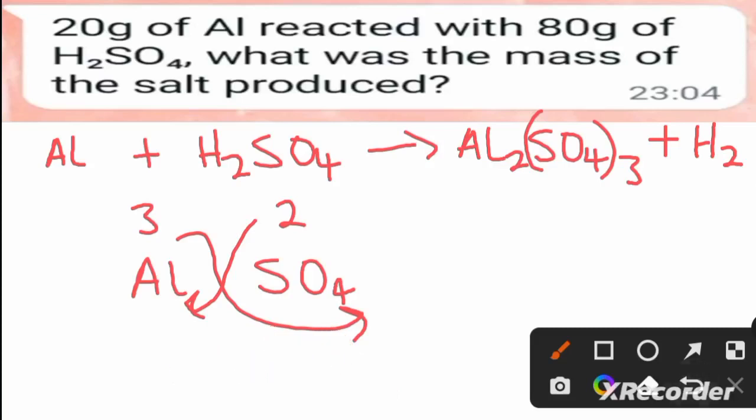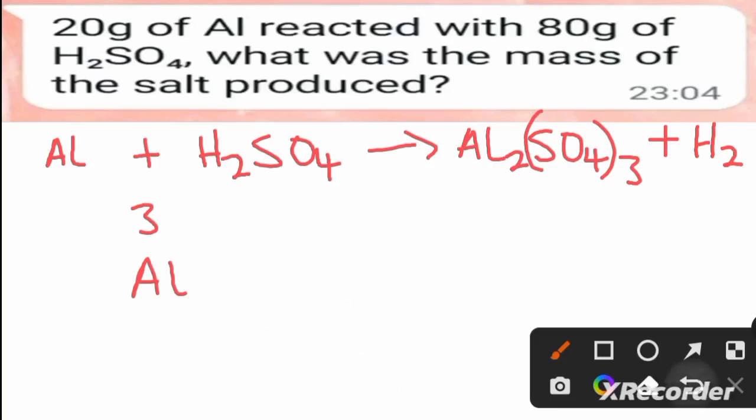Now let us come back to our equation. We have two atoms of aluminium on the right, so we are also going to write 2 on the left. Atoms of aluminium are now balanced: 2 and 2. Let us consider the next element, hydrogen. We have 2 atoms of hydrogen here and 2 atoms of hydrogen here, so hydrogen is balanced. Next is sulfur.